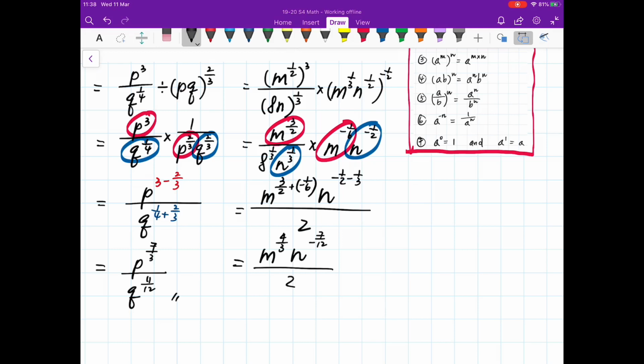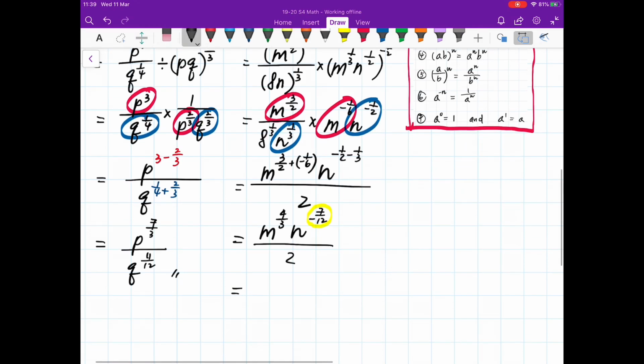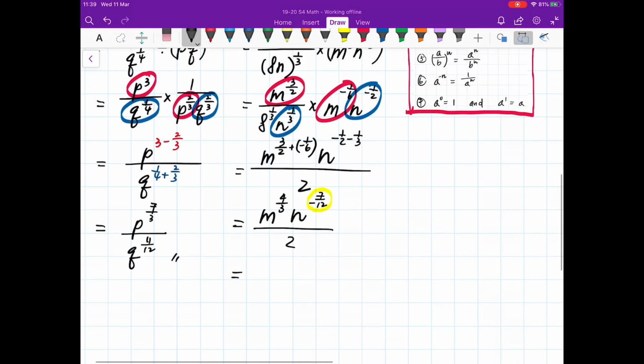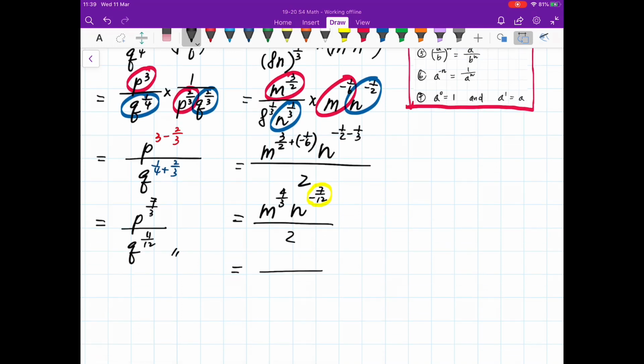Now the index for n is a negative number, so we have to use rule number 6 again, so that we move it to the bottom. And for m, just keep it in the numerator. And this is the final answer.